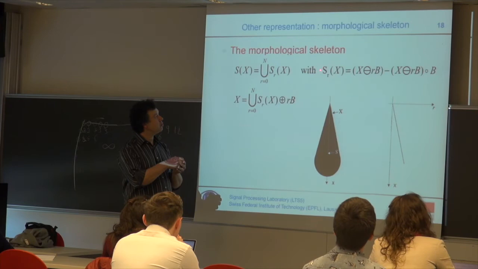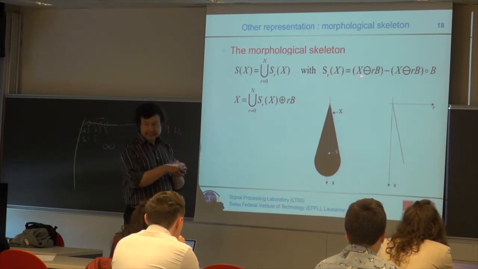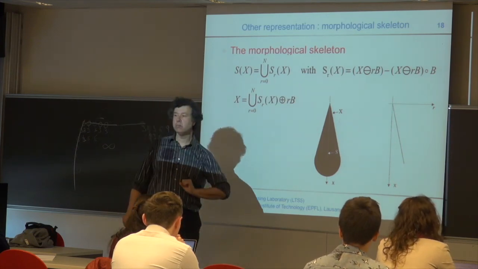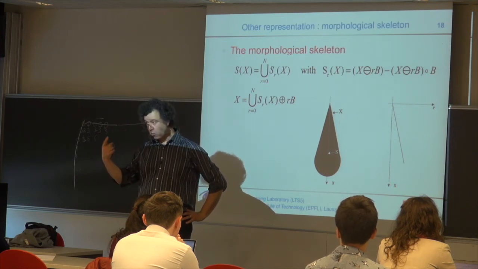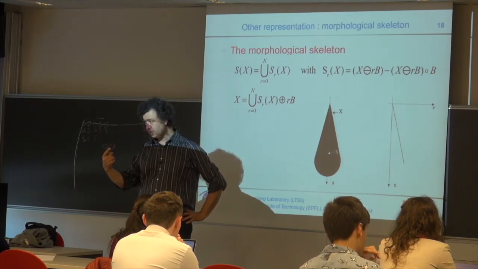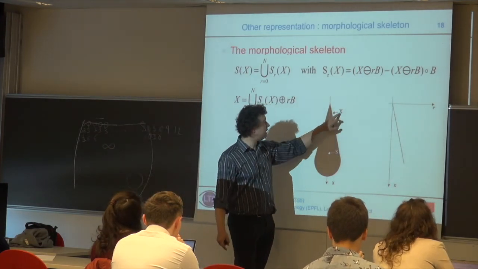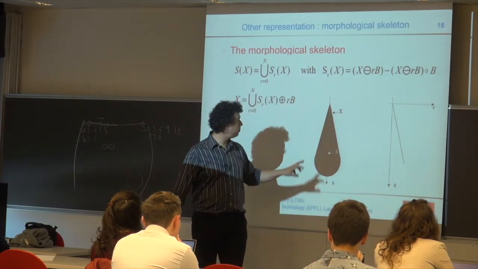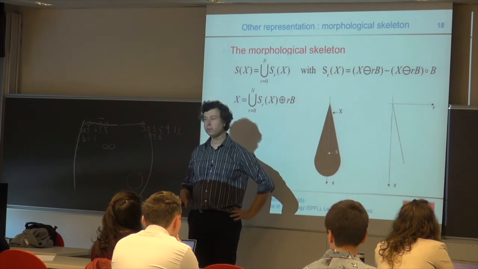So, contribution number 0 is the difference between x and x opened by a very small circle. And now you have to remember what an opening is.